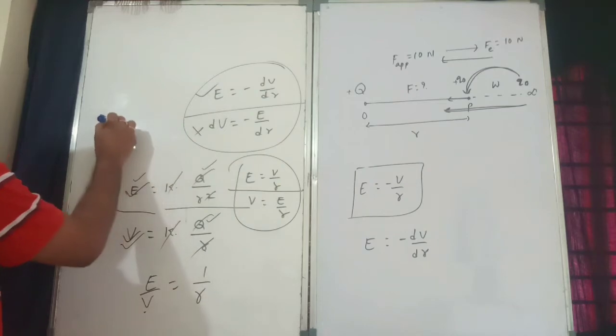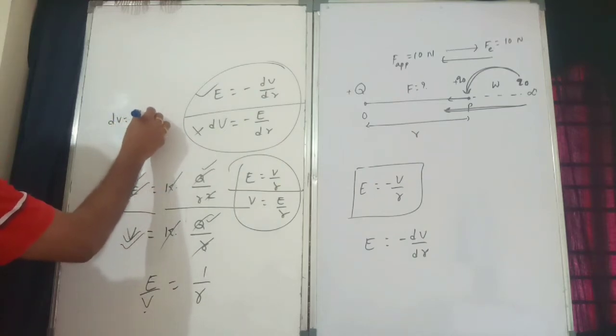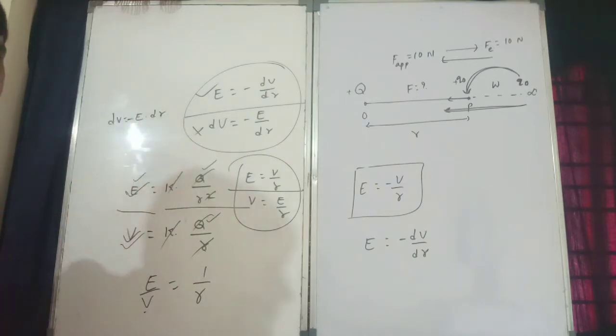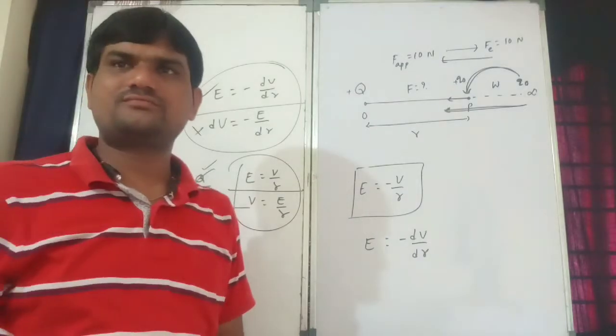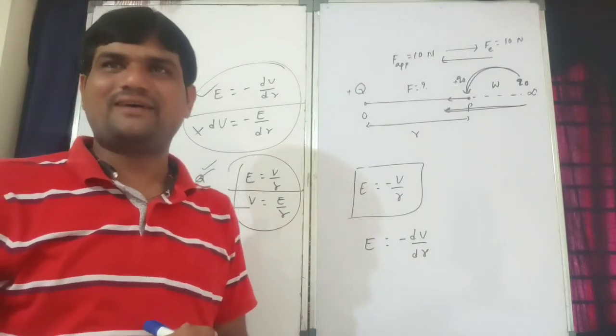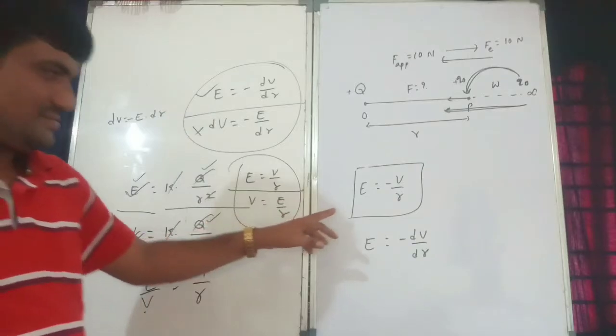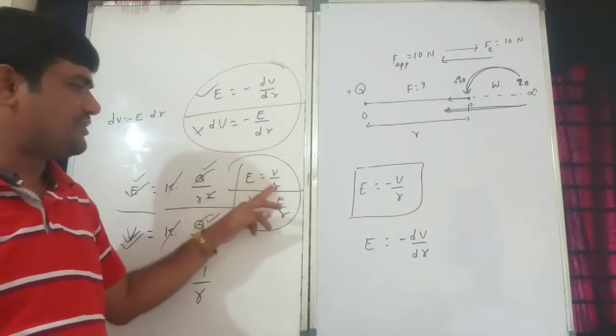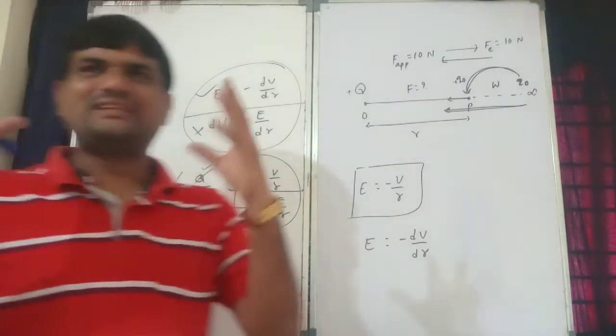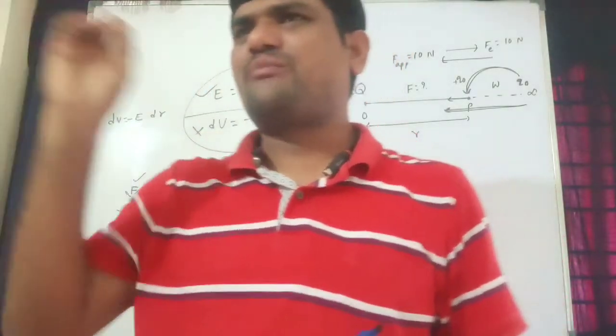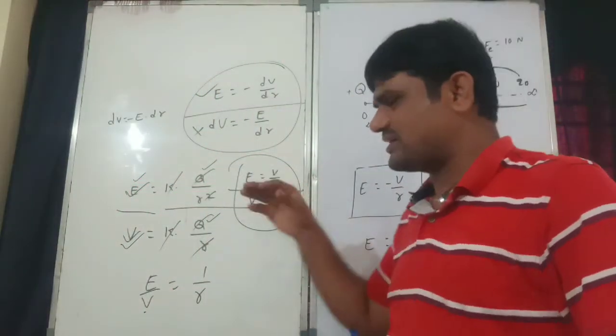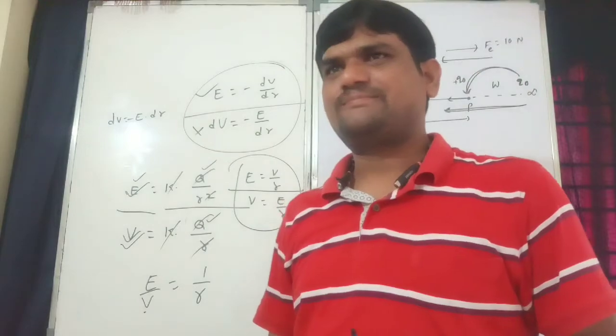So dV is equal to E into dr, correct? Yeah. So this is E is equal to V by R, V is equal to E by R. Like that they will get confused. Sir, which formula is correct? This one or this one?